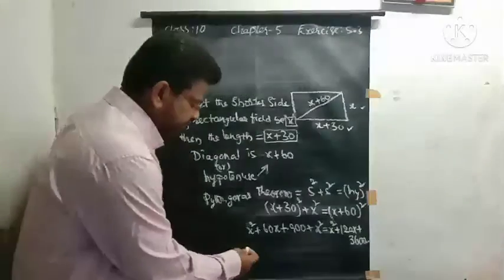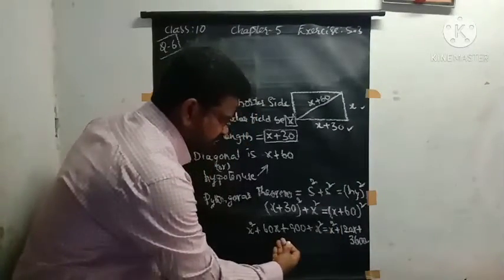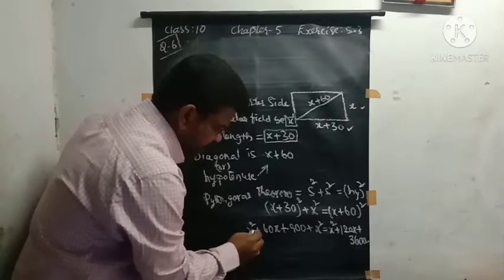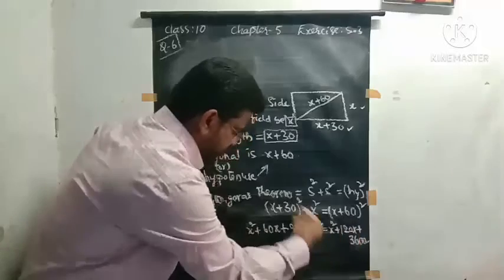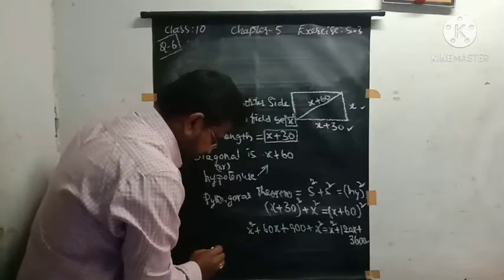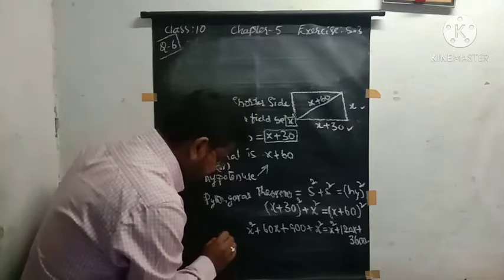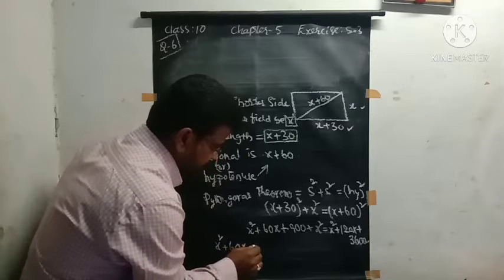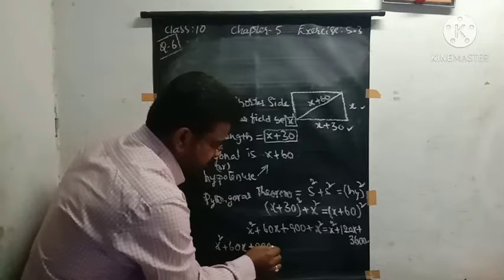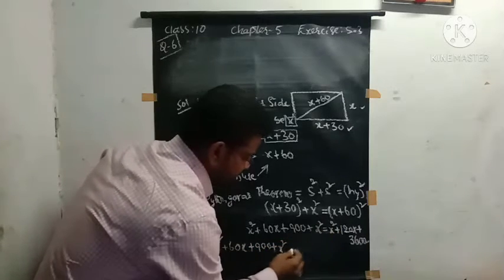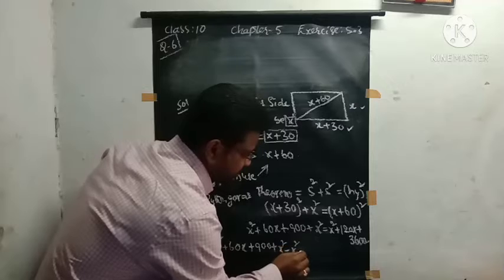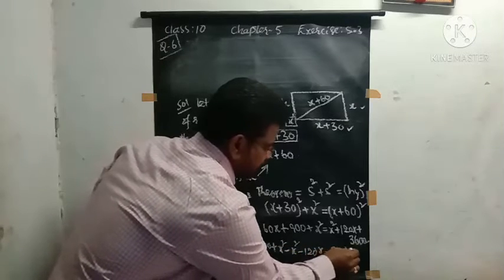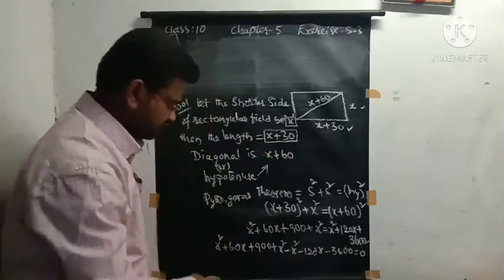Right. Now transpose all the terms from RHS to the LHS. So when we bring all these terms to this side, here it is x square plus 60x plus 900 plus x square, minus x square minus 120x minus 3600 is equal to 0.